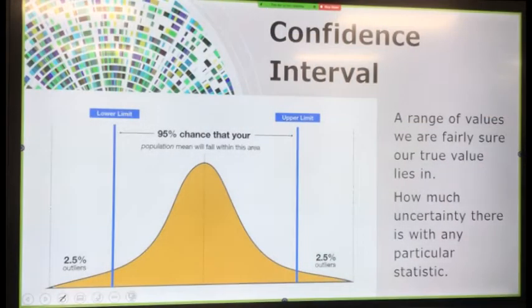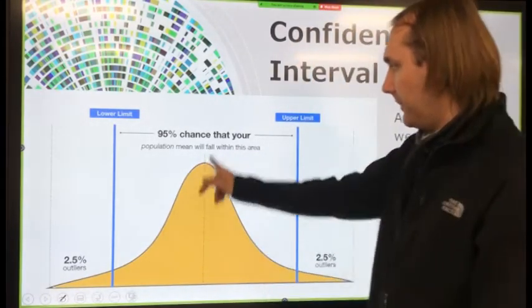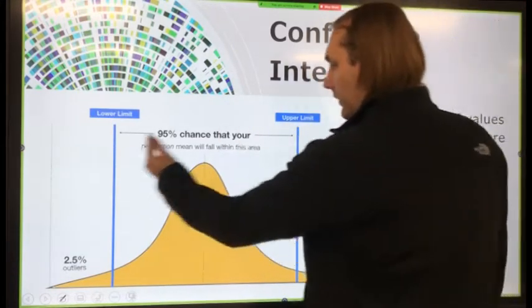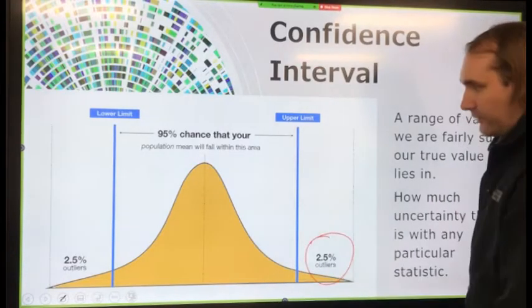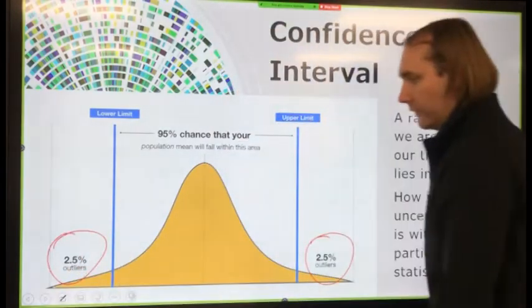Confidence interval is a range of values we are fairly sure that our true value lies in. That is the glass half full definition. Glass half empty is how much uncertainty there is with any particular statistic. So I have my distribution. I have my mean, and then I have my upper limit and lower limit. Above my upper limit and below my lower limit, I have what's called outliers.